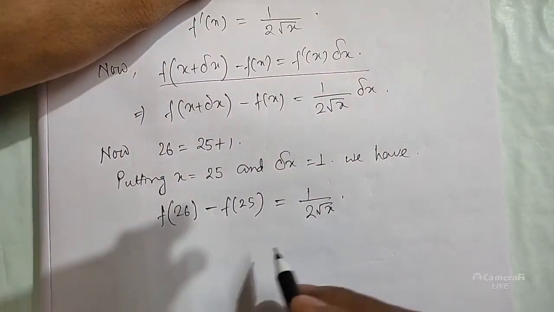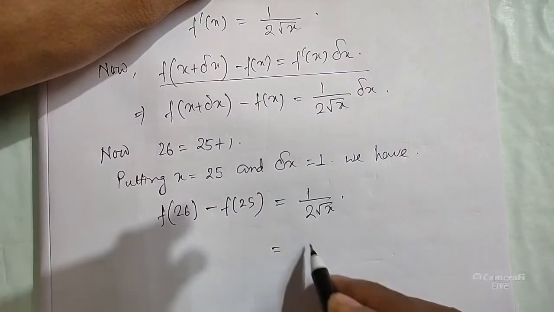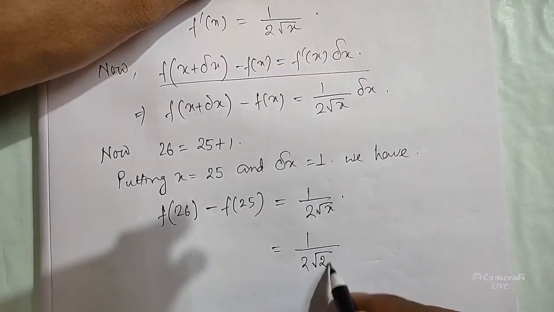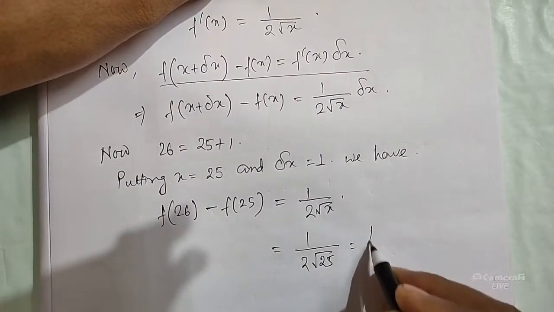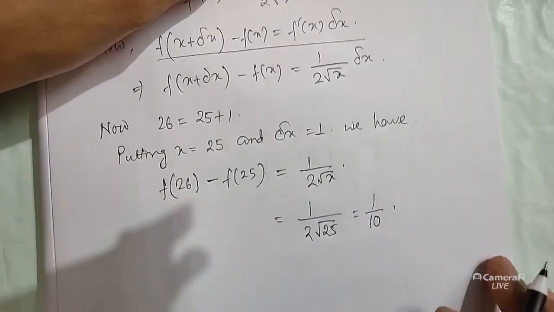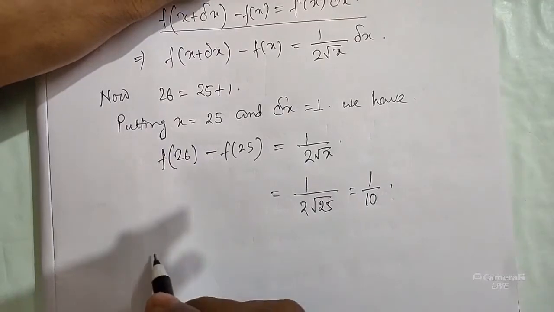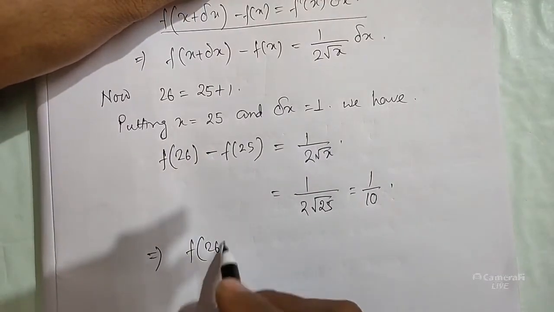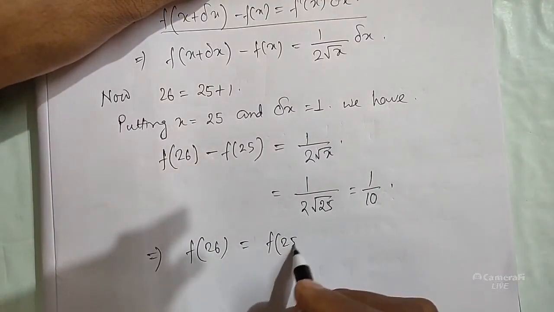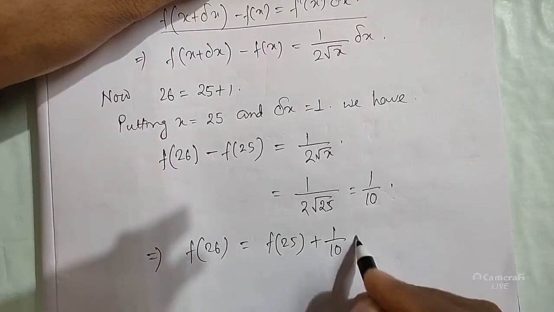Now root x is 25, so this is 1 by 2 root 25, and this equals 1 by 10. That means f(26) = f(25) + 1 by 10.